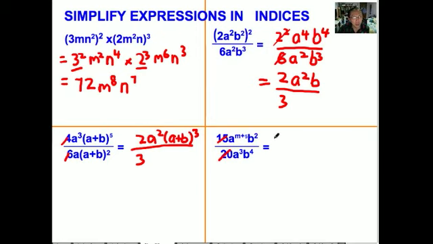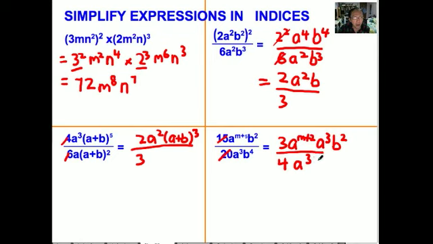And in the last example, we cancel 5 and 20 to give us 3/4. And here we have a to the power of m plus 5, which can be written as a to the power of m plus 2 times a to the power of 3.